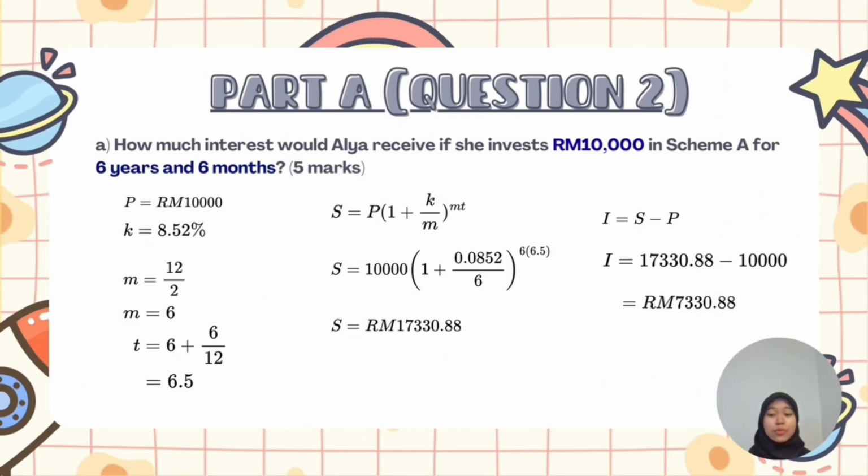So we just input all the information into the formula S. So the S is 17,330 ringgit 88 cents. This amount of S, we just include it into the interest formula. So the interest will be 7,330 ringgit 88 cents.